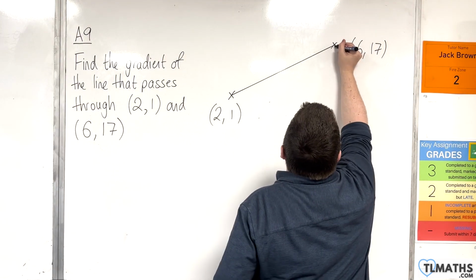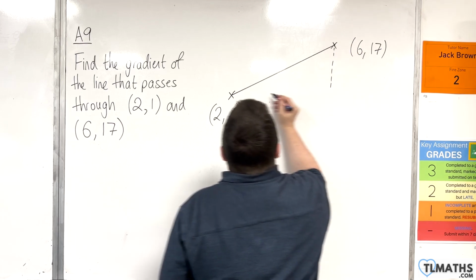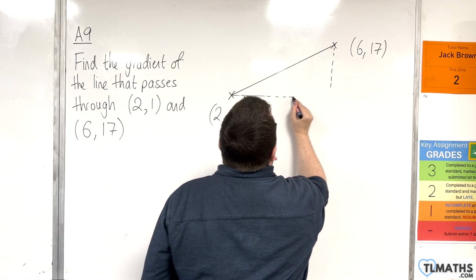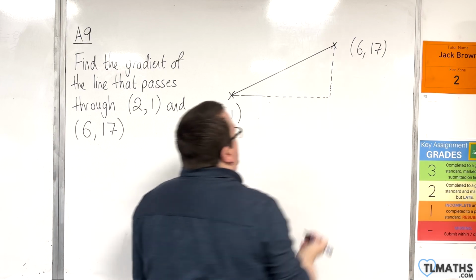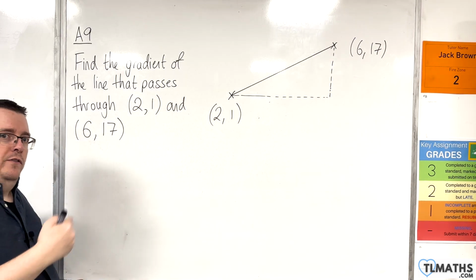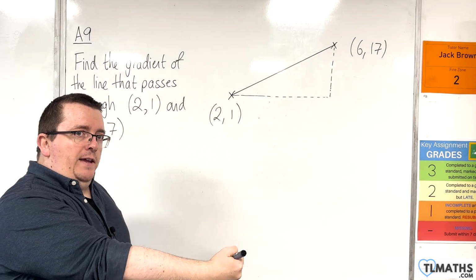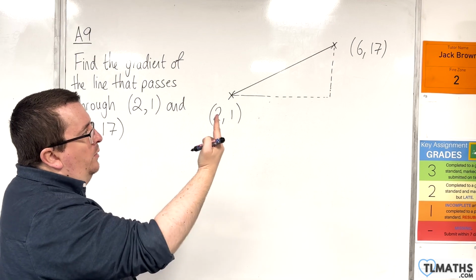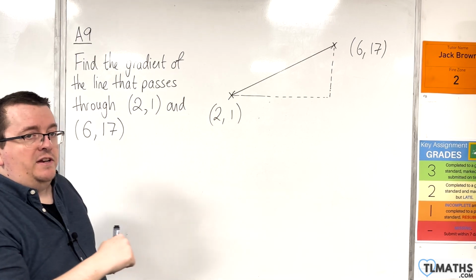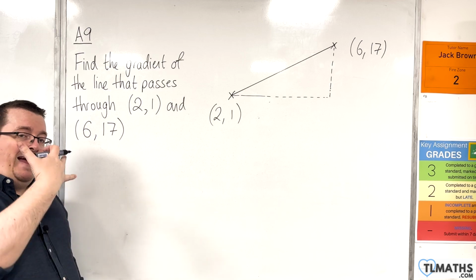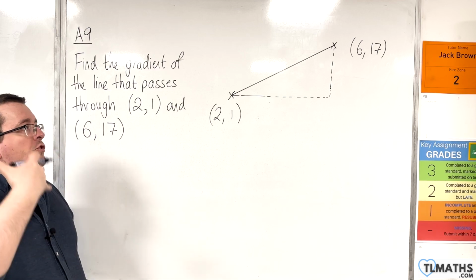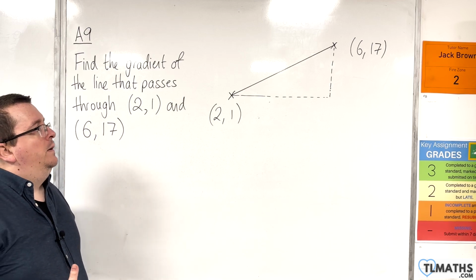So what is the gradient? Well, the gradient is telling you that for every 1 that you travel horizontally, you are going up or down by a certain amount. And that is how we measure the steepness or the gradient of that line.